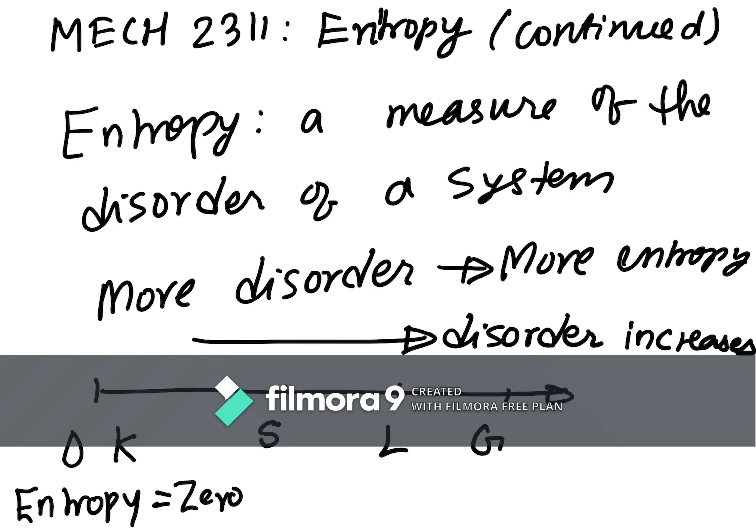So entropy in general increases as disorder increases. That is, a gas is more disordered than a liquid, which is in turn more disordered than a solid, and hence a gas has the most entropy, liquid has lesser entropy, and solid has even less entropy. And as temperature reduces, the entropy level is taken to be lower.